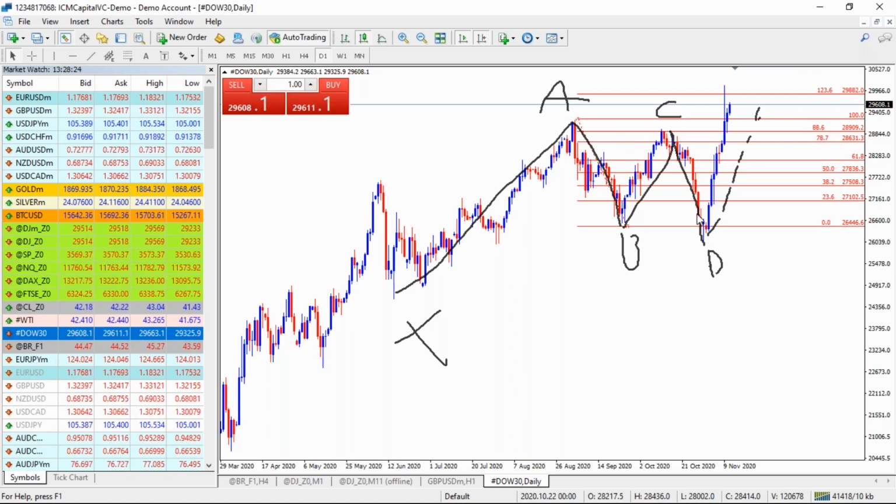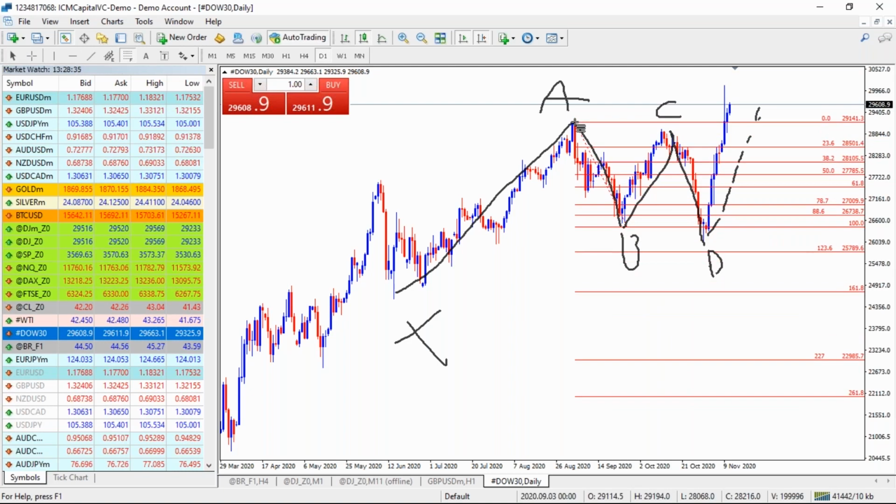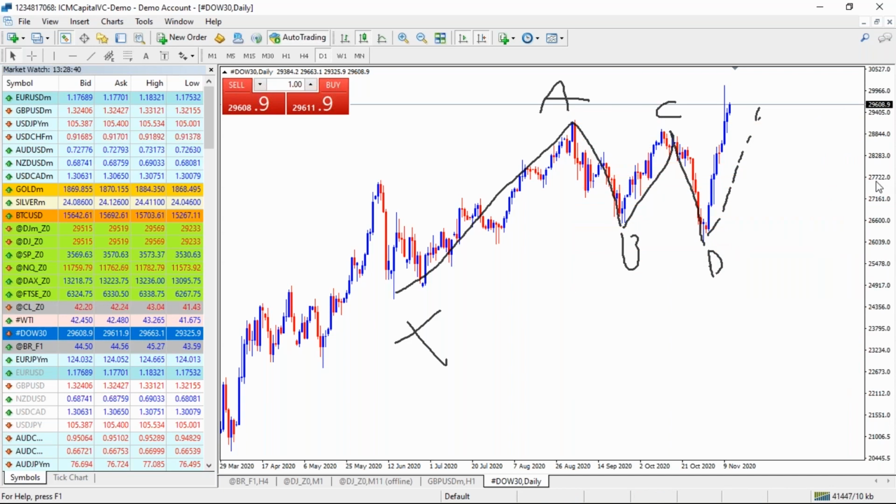Going forward, AB was almost equal to CD. If we set a certain extension, it's somewhere near the 1.16 level that we talked about. If we draw this, they are almost equal in shape.